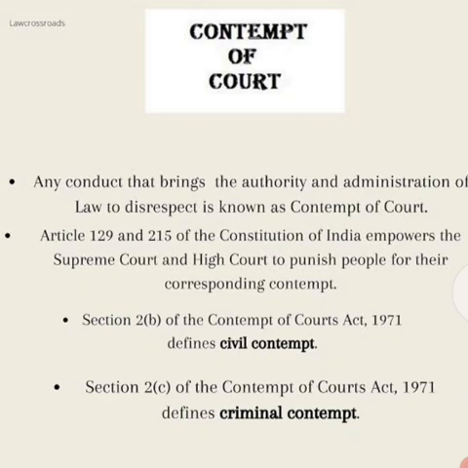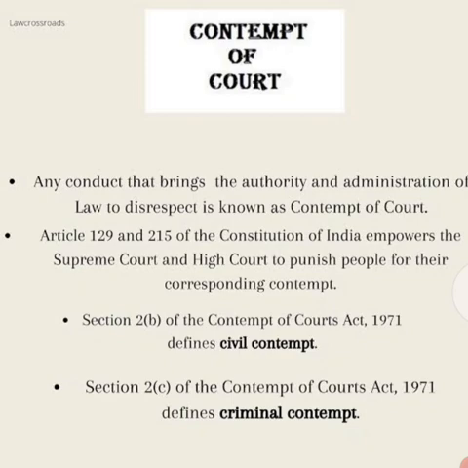If the disobedience is not willful, then he won't be punished. Second, the order may have more than one reasonable interpretation. If any order passed by a judicial authority has more than one reasonable interpretation, then in that situation, the contemner can be exempted from contempt of court.